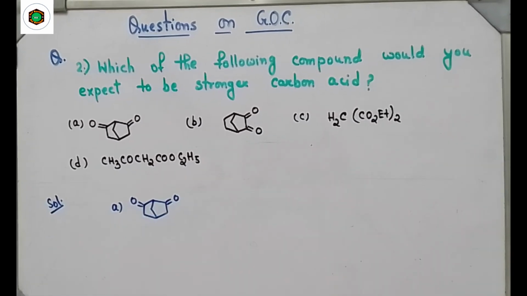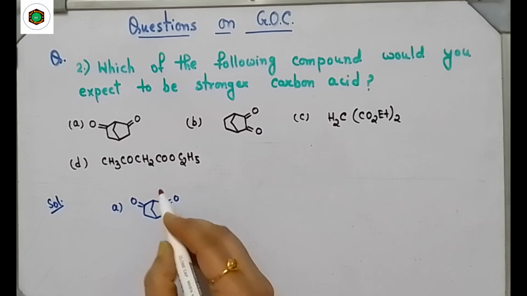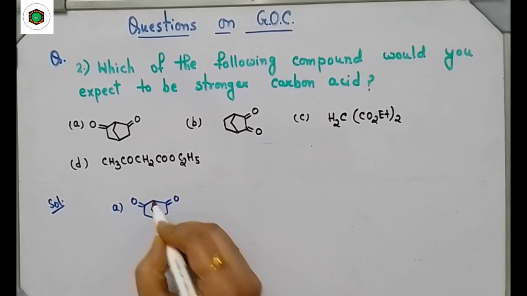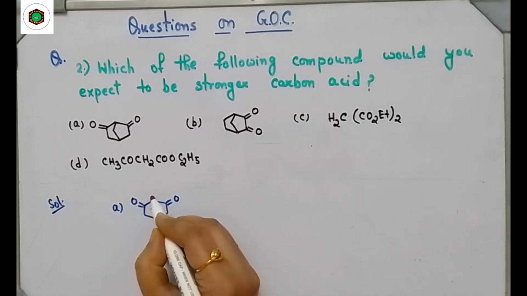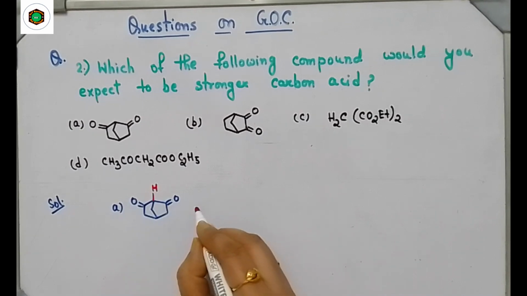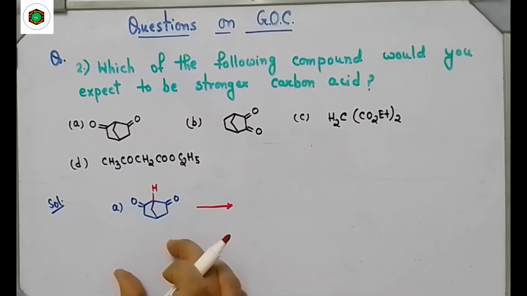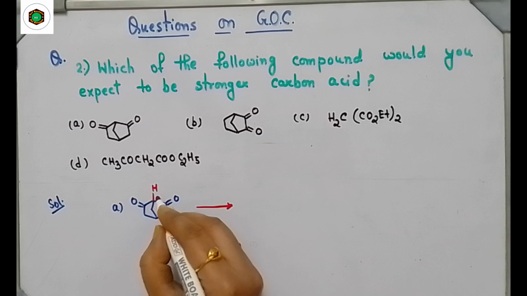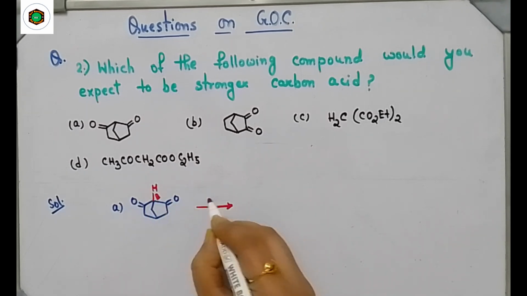Now see, this is a bicyclic compound, and if you consider this carbon, here this carbon is bonded to 3 more carbons. So here one hydrogen is there. So if you want to draw the structure of the conjugate base of this compound, what you have to do? You have to remove this H plus. What we are doing?